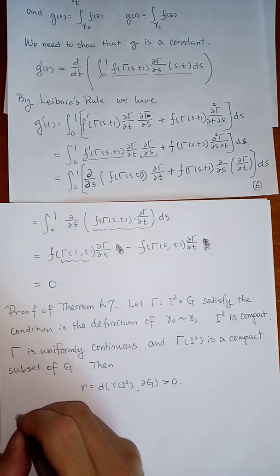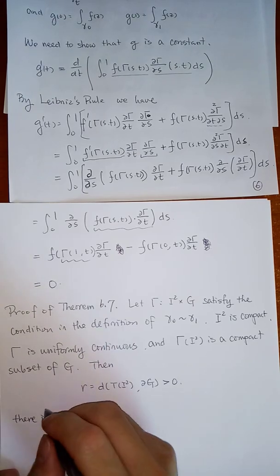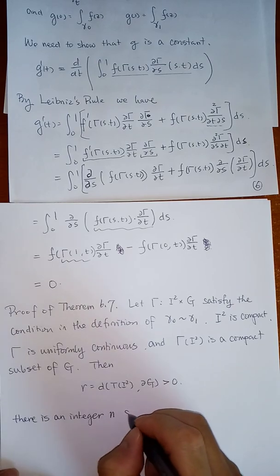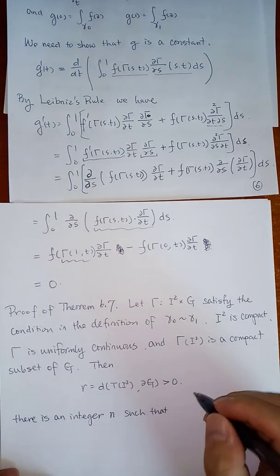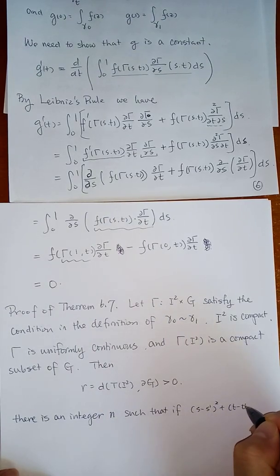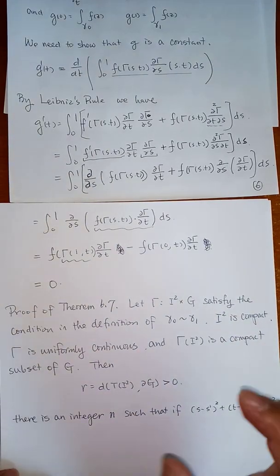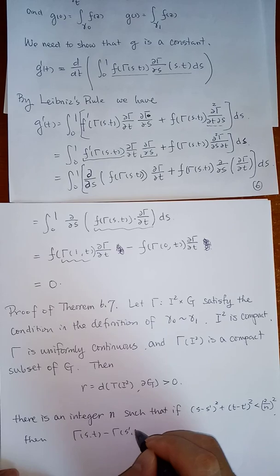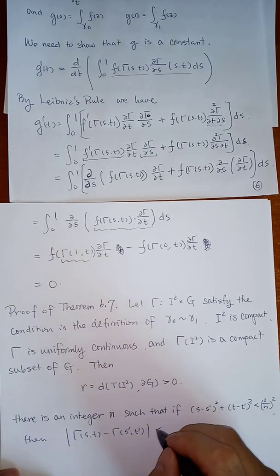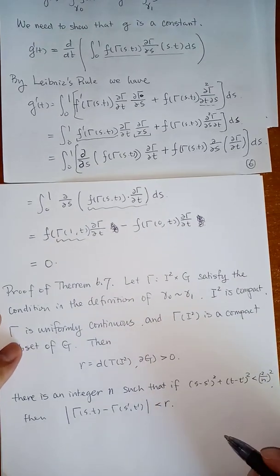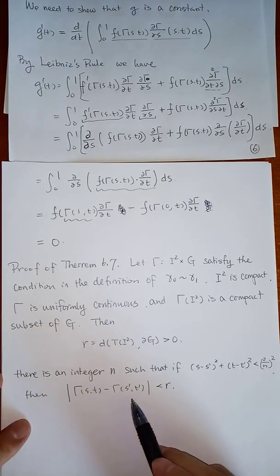Then there is an integer n such that if s minus s prime squared plus t minus t prime squared is less than 2 over n squared, the distance is small enough, then the distance between gamma st and gamma s prime t prime is less than r. So basically this is uniform continuity, and also they are off the boundary.